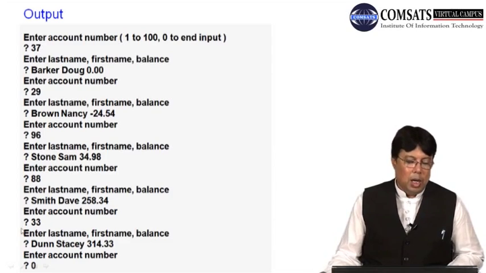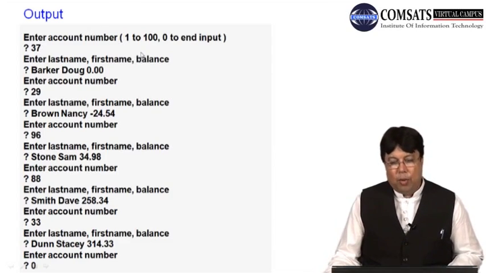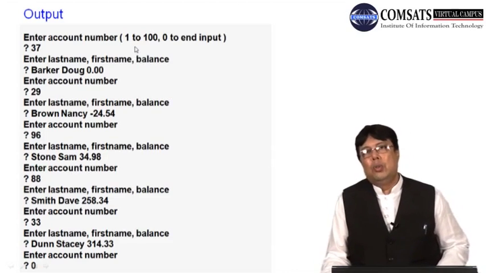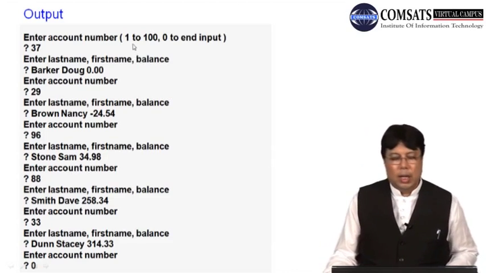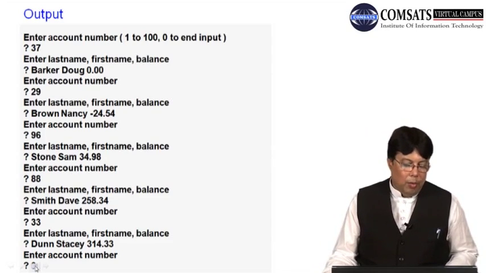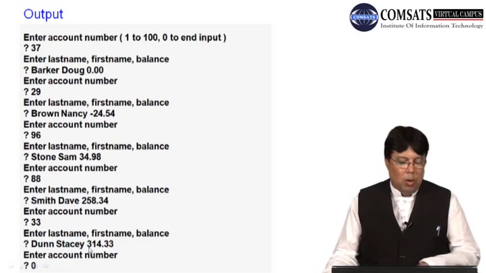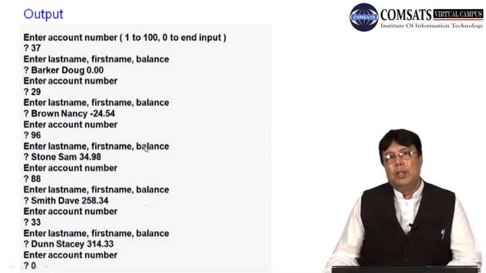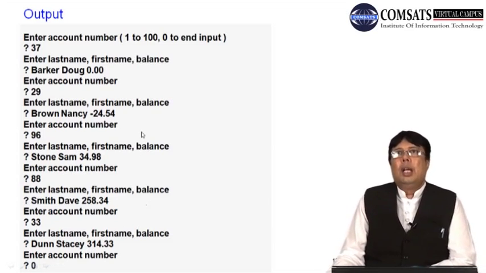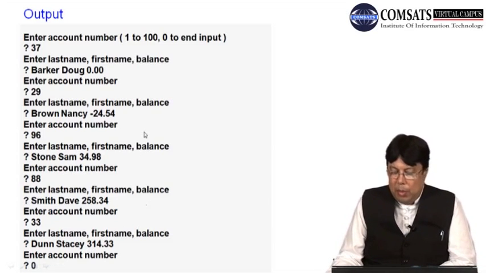You can enter as many records as you wish, but it should be no more than 100. And for every record, there should be a unique account number. Otherwise, in our particular example, we will lose the previous one. Whenever we want to terminate, we can just enter a 0 here. Once we enter a 0, it means that our program will terminate. So in this way, we can open up and create a particular file.